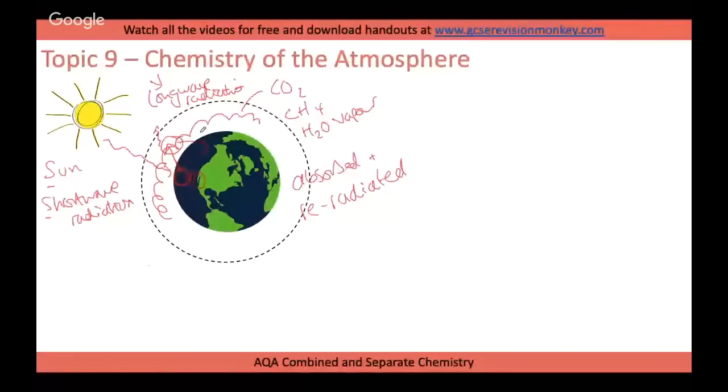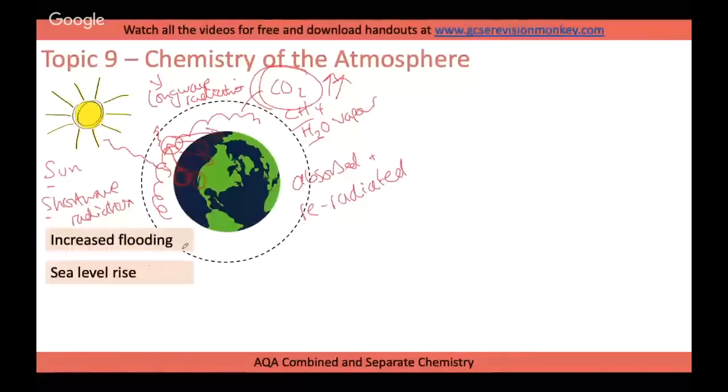Now we need that to some effect to sustain appropriate temperatures for life on Earth. However, carbon dioxide levels are going up as well as other greenhouse gases, and that means more long wave radiation is being re-radiated, causing a warming effect. This is causing many consequences, including increased flooding, sea levels rising, changes in species distribution.